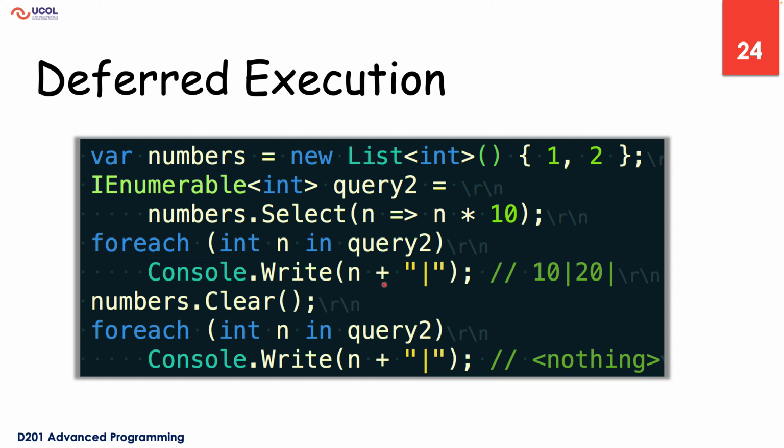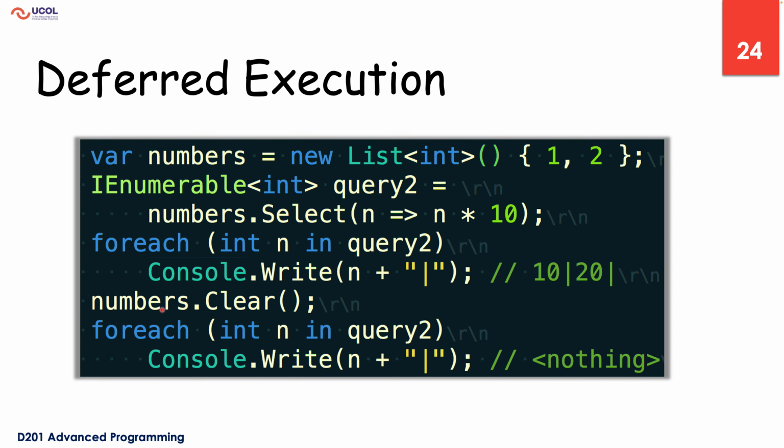We write to console n, so it will print 10 and 20. At that time, when we are using the foreach loop, the numbers list contains 1 and 2, so printing using the query prints 10 and 20.